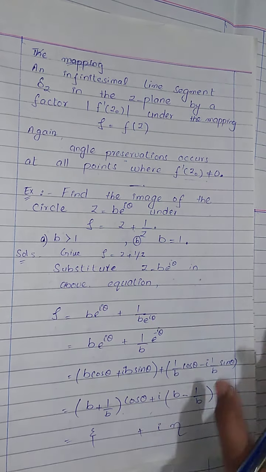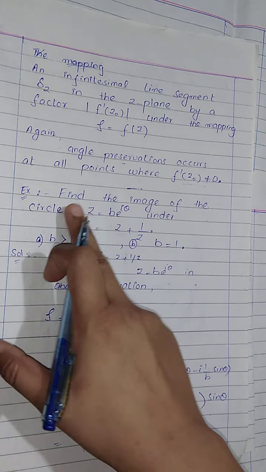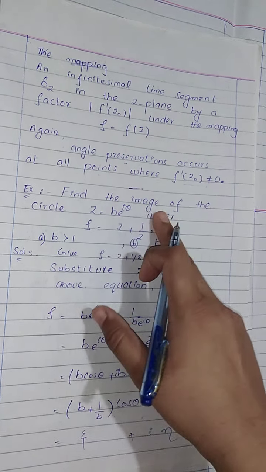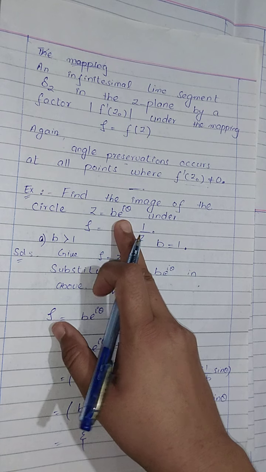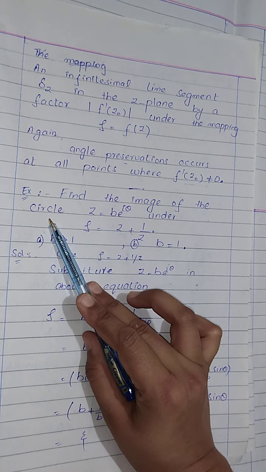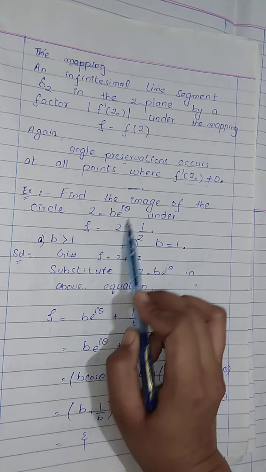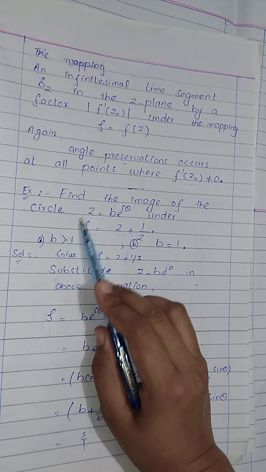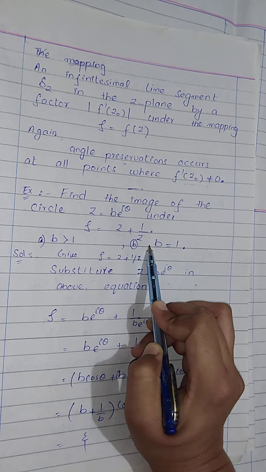Now we see an example. Find the image of the circle z is equal to b e raised to power iota theta under the mapping zeta is equal to z plus 1 over z, and we have two conditions.